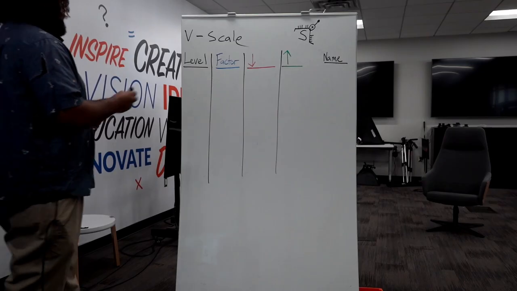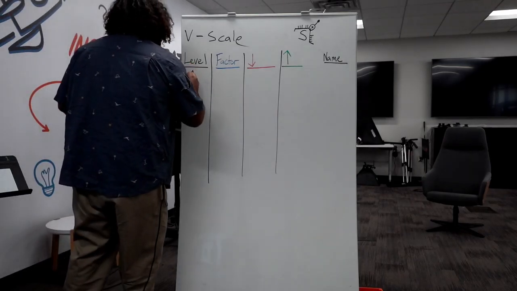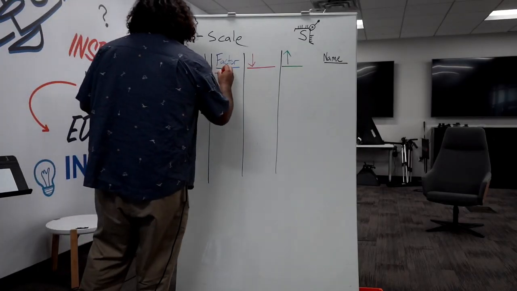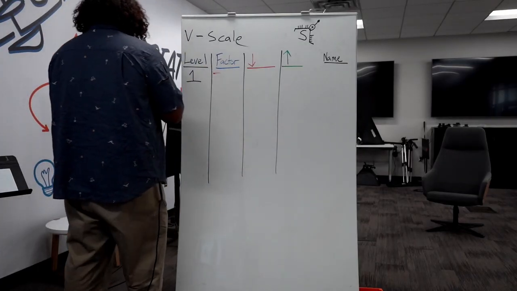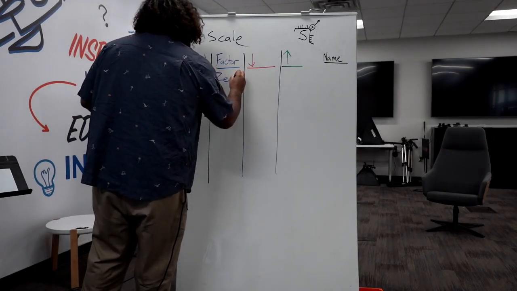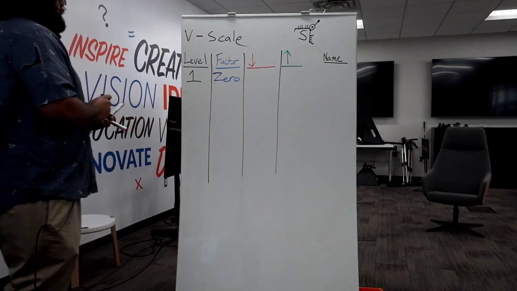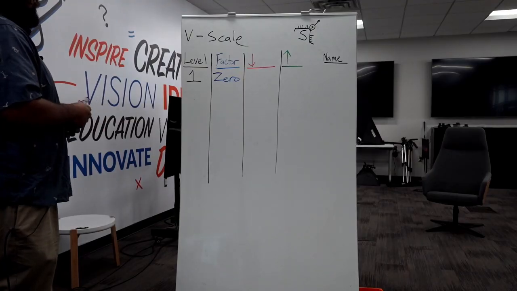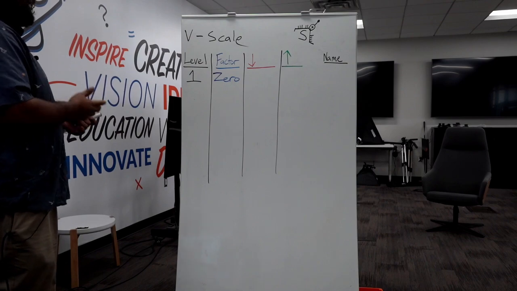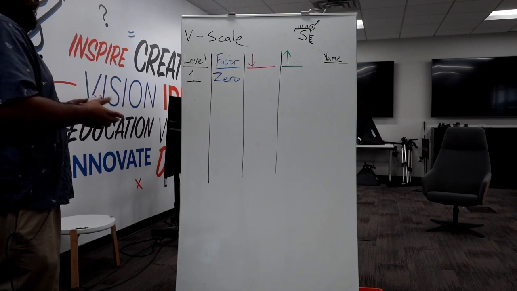So the first level that we have, level 1 essentially, is the 0 factor. And that is a way to think of a redundant sort of thing. It's basically there versus not there. It's active versus not active.